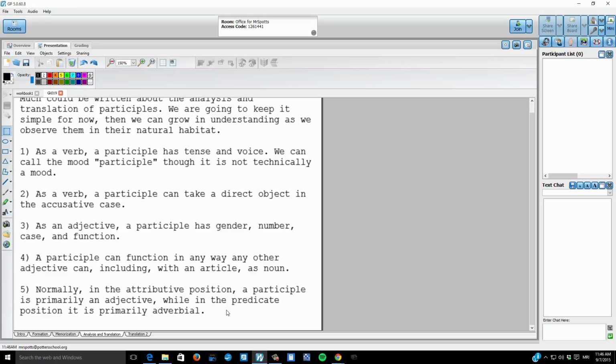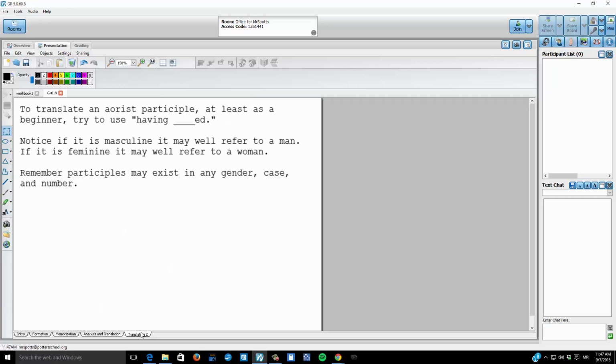In the predicate position, it's primarily adverbial, and I would underline primarily. Usually it acts this way, but it doesn't really have to. It's a difficult word to deal with because the participles just fall outside of normal categories.